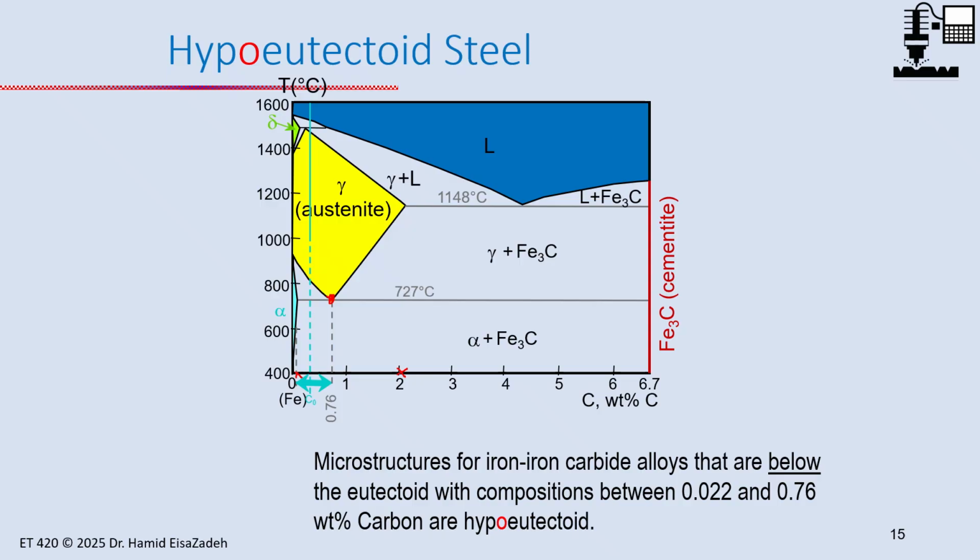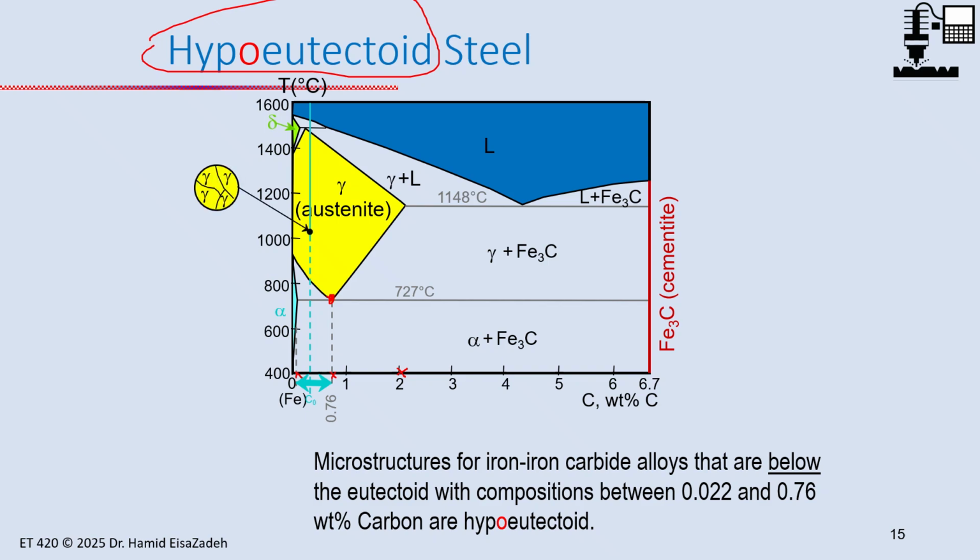If we look at steel that has composition less than 0.76, we call that type of steel hypoeutectoid steel.